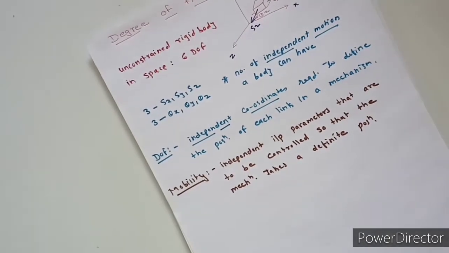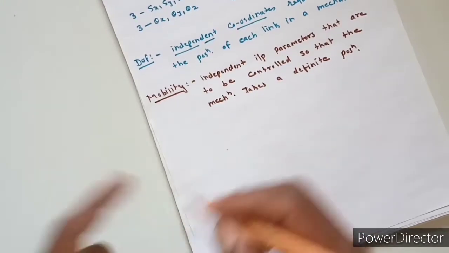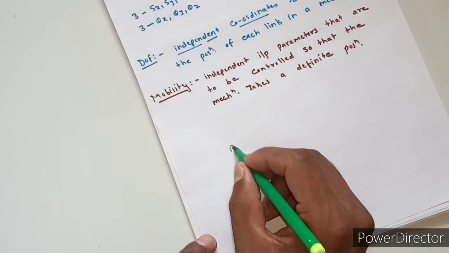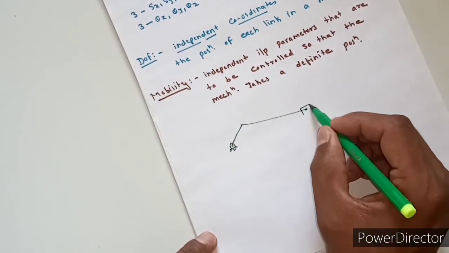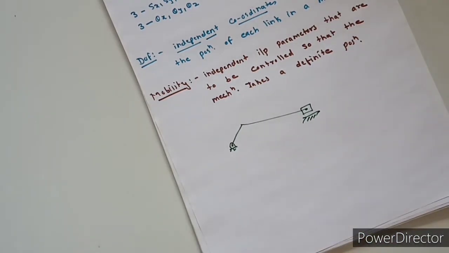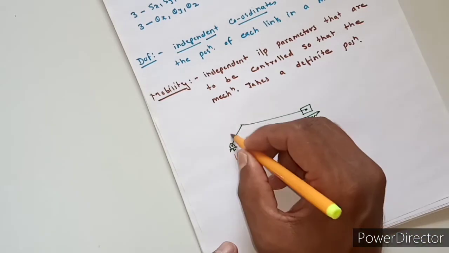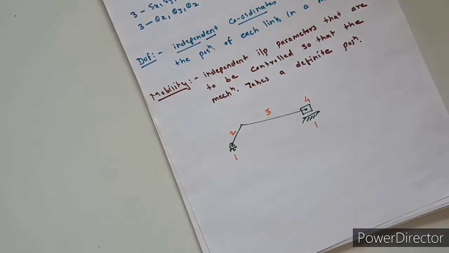we'll take an example of slider crank mechanism: crank, connecting rod, piston. We'll number the links. Fixed link is link number 1, crank is link number 2, connecting rod link number 3, and piston is link number 4.